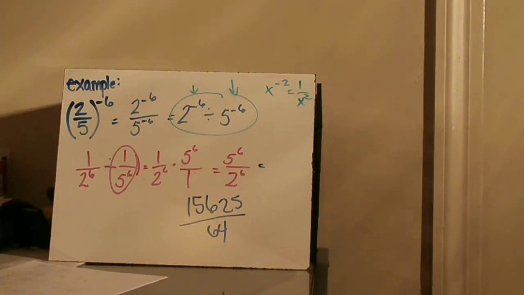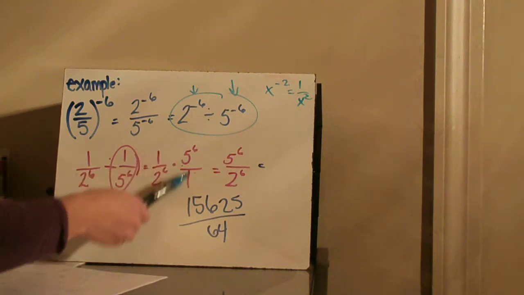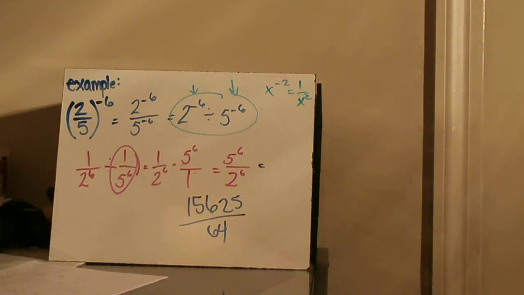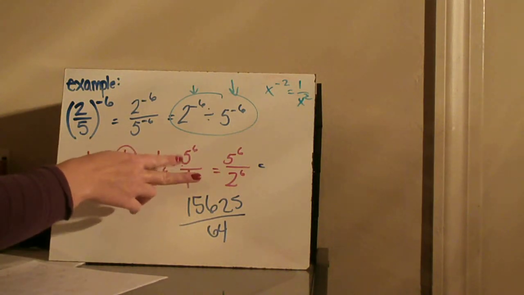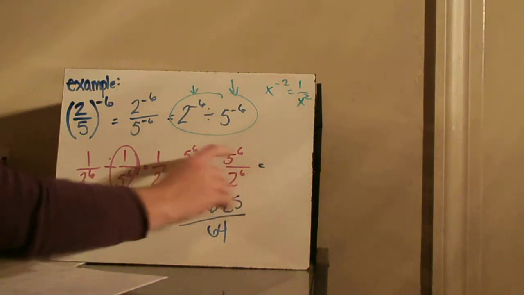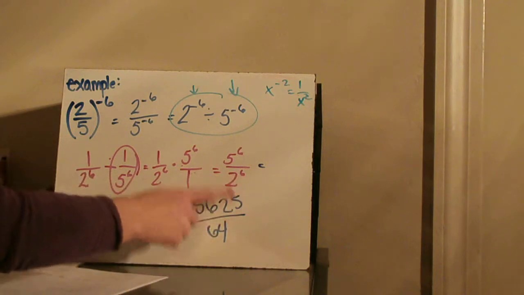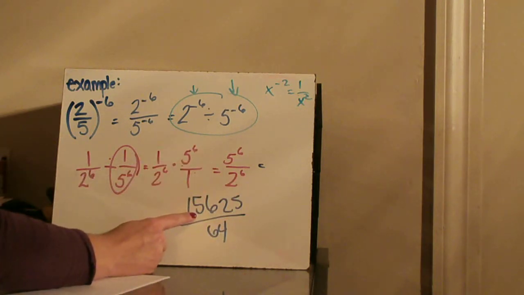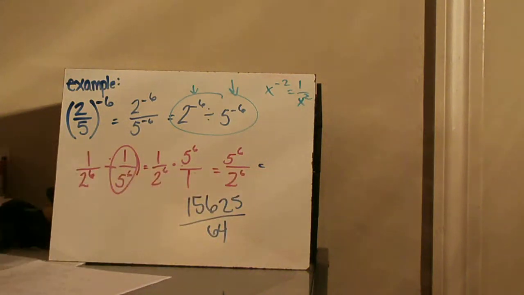Then I used my dividing fraction rule, where I multiply and flip that second fraction. So I have 5 to the 6th over 1 because I flipped it, and then I simply do the math. 1 times 5 to the 6th is 5 to the 6th, and 2 to the 6th times 1 is 2 to the 6th. Then I said 5 to the 6th is 15,625, divided by 2 to the 6th is 64.